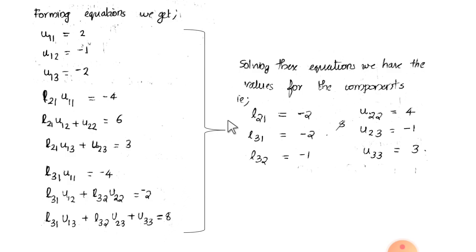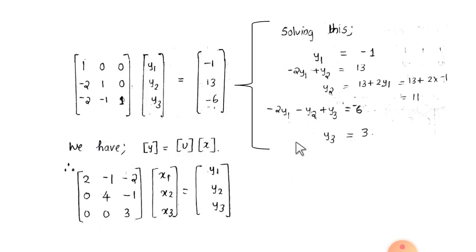Now by solving all these equations, you can get the values of the components as L21 equal to -2, L31 equal to -2, L32 equal to -1. Similarly, you will get the values of the upper triangular matrix also. Now you have to substitute these values in the equations.